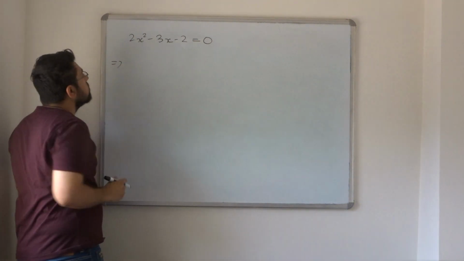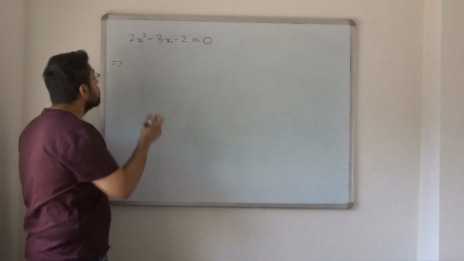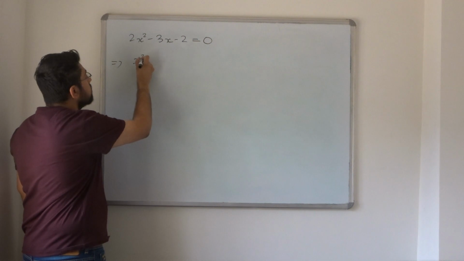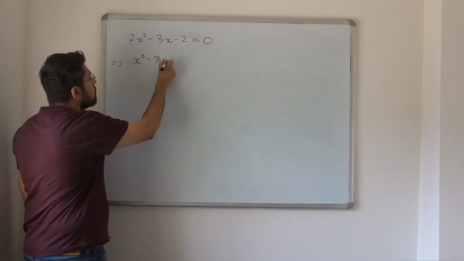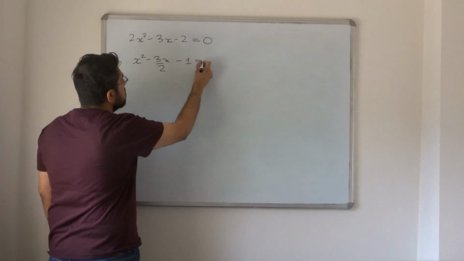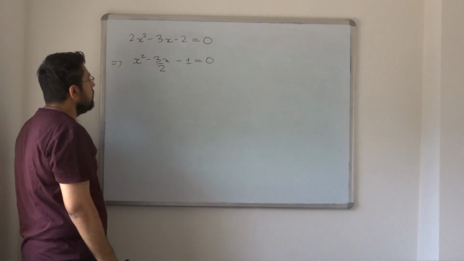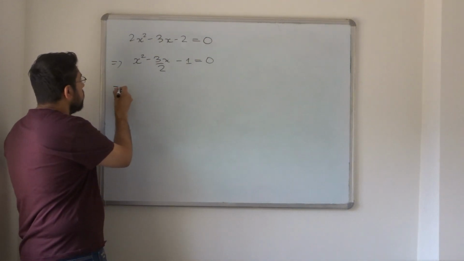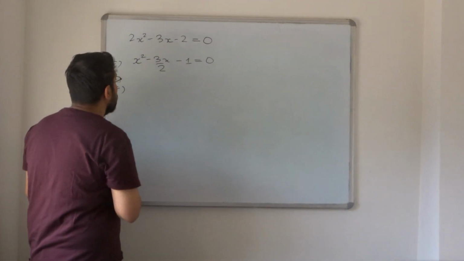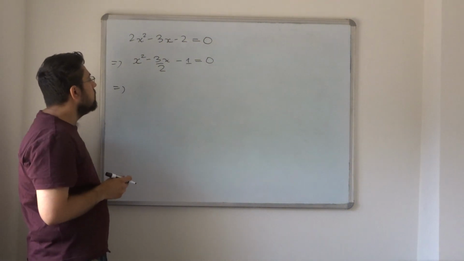Okay, so what is the first step here guys? First step here is dividing by 2. Okay, so let's do it. Okay, so you get minus 1 equals 0. Okay, that's the first step here. Okay, so now guys, what is the next step? So now guys, we have to take half the value of 3 by 2.